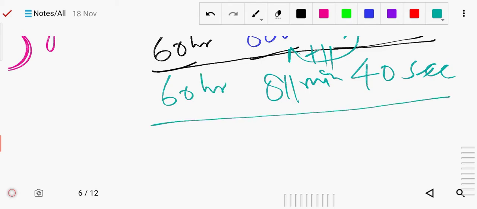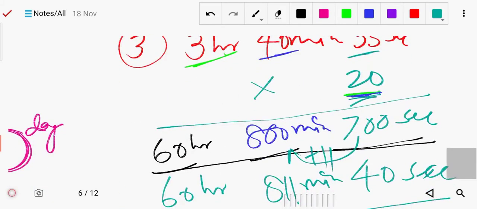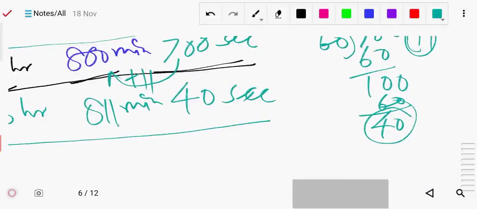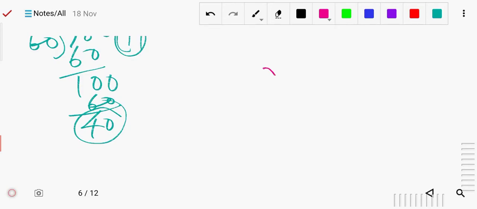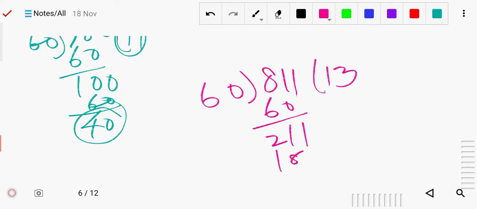Now this is the 60 hours side. Again this is not in the proper form. Now 811, again divide by 60. 811 divided by 60, how many times? One time again, so it is 60, so 211 will be there, then 3 times 60 is 180, so here will be 31.